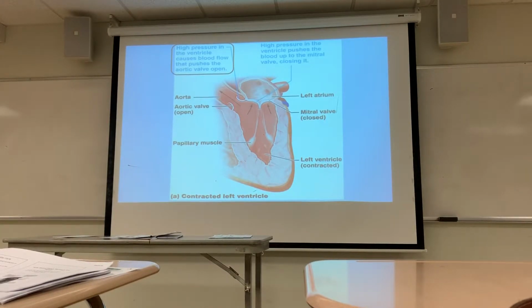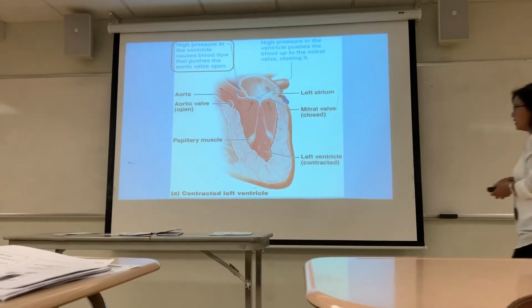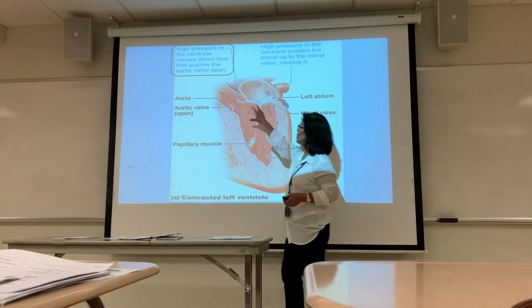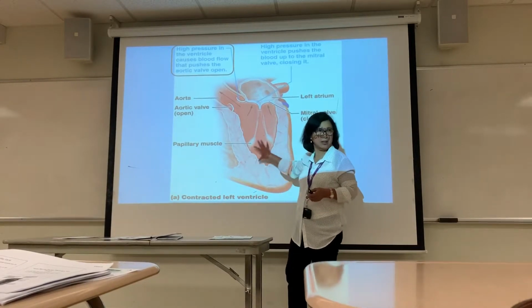It shrinks a little bit. This is a very, very powerful muscle. Then the aortic valve opens, and the blood rushes to the aorta and goes to the systemic circulation. At the same time, the mitral valve, or the bicuspid valve, is closed because of the pressure coming from this.